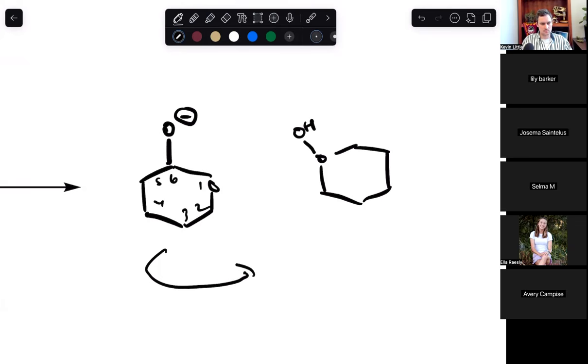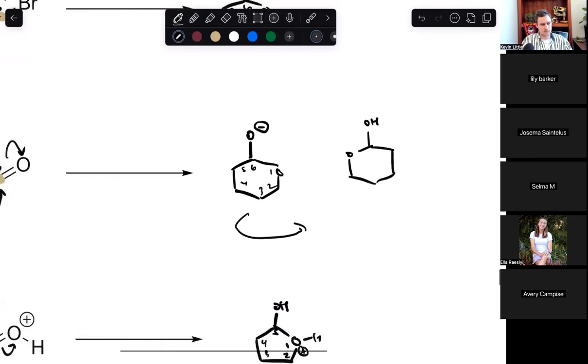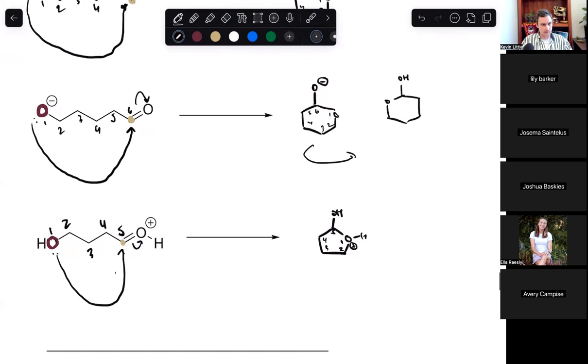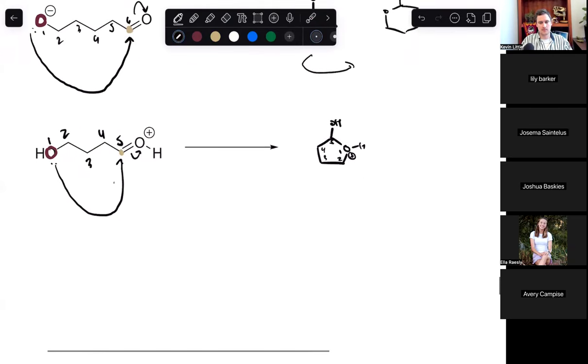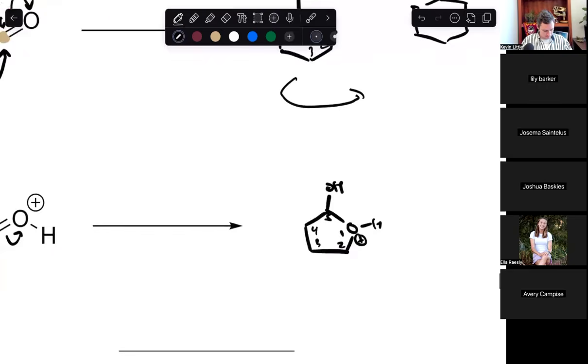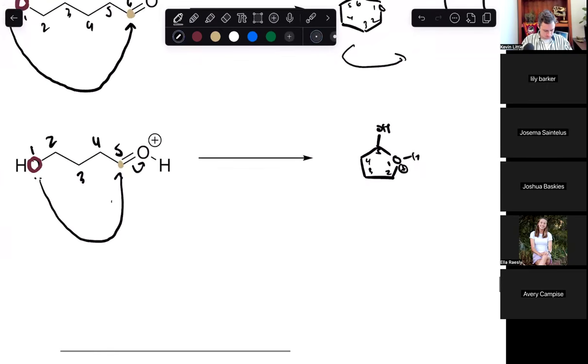That would be wrong, because this oxygen needs to stay connected to carbon 6. Is that what you're asking? I don't know, you're going to have to speak up because I'm not quite sure what you're asking. I want to make sure that you understand so you don't get it wrong on the test. So I don't see anything else on this chain, so I'm done here.